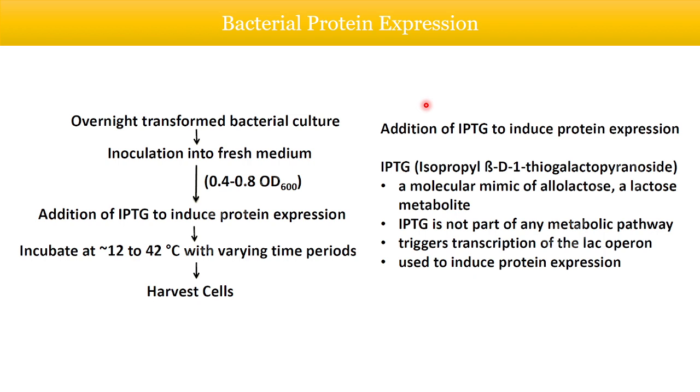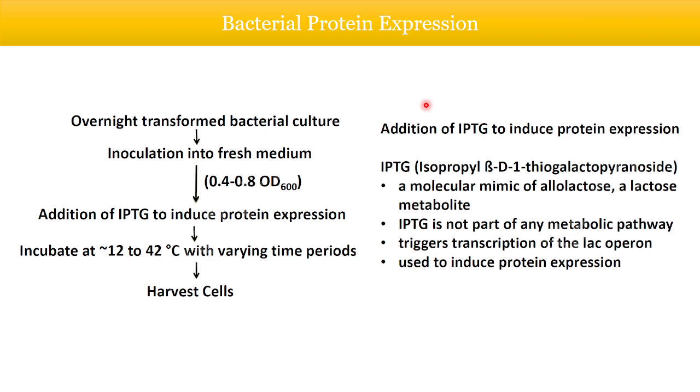When you do not have IPTG and there is no lactose, the repressor, the lac I repressor, goes and binds to the operator, and when the repressor is bound, the RNA polymerase cannot bind to that particular region, and your protein expression stalls.